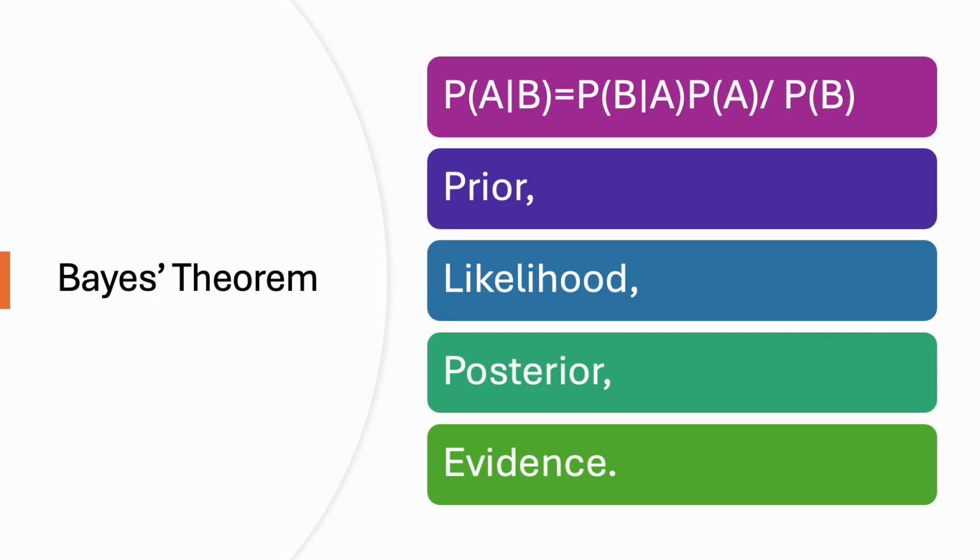Over time, the system becomes more accurate, adapting to evolving spam tactics. Bayes' theorem's ability to incorporate new evidence makes it indispensable in fields where decisions must balance prior knowledge with real-time data, ensuring more informed and adaptive outcomes.